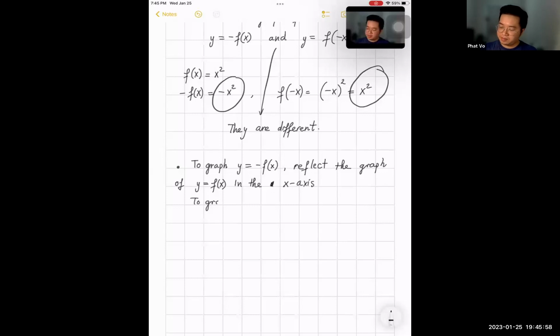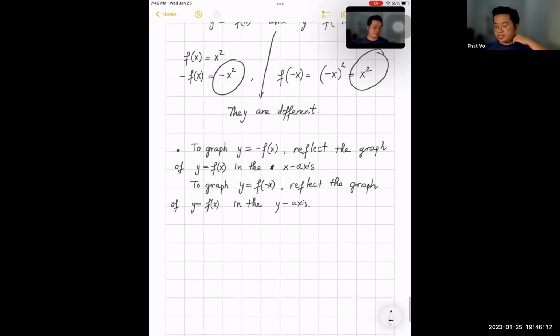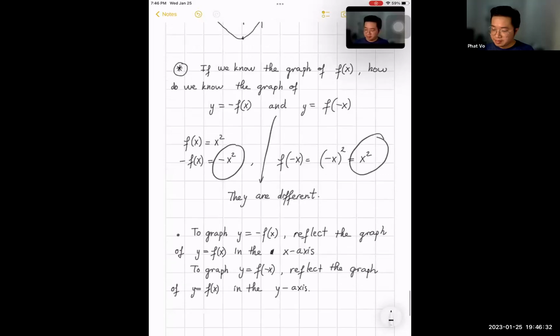And to graph the function f(negative x), we will reflect the graph of the function f(x) in the y-axis. So you can see in the first case, the x-axis is the mirror, and in the second case, the y-axis is the mirror. Okay, I will show you how to do it.